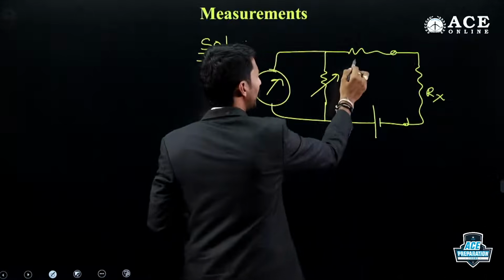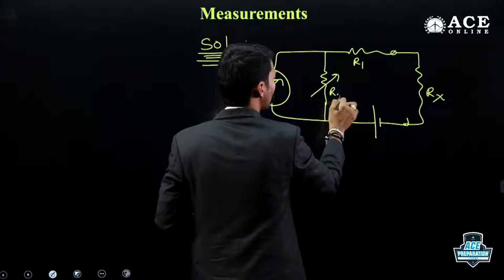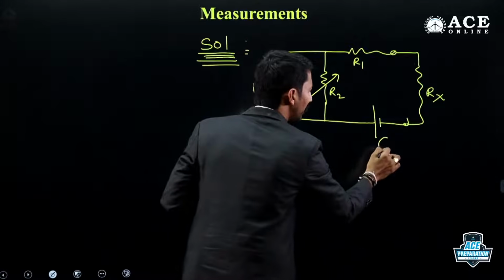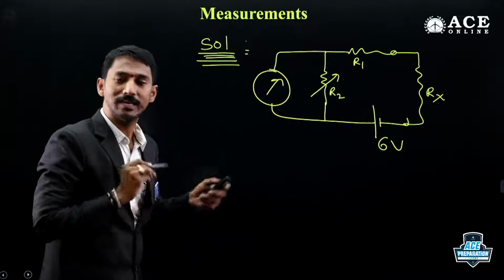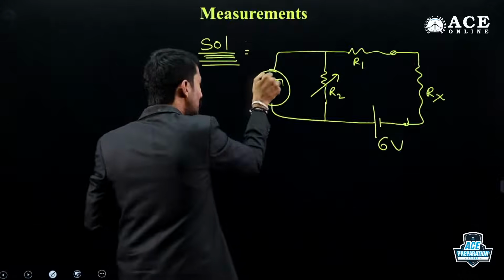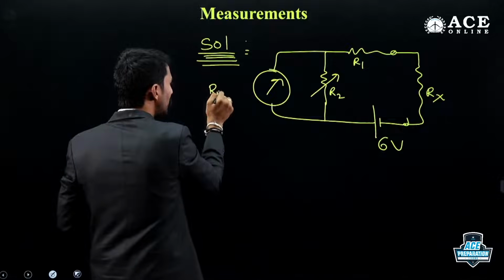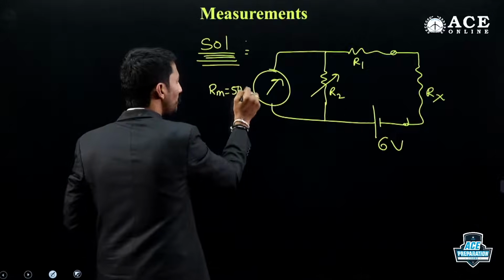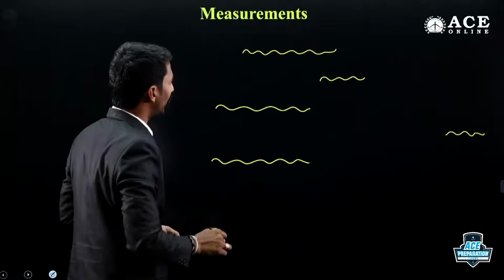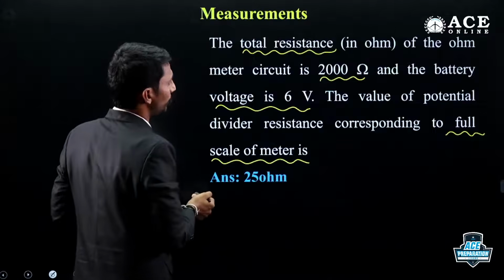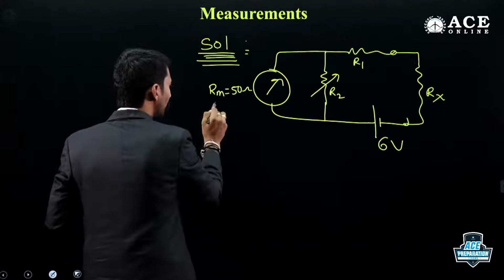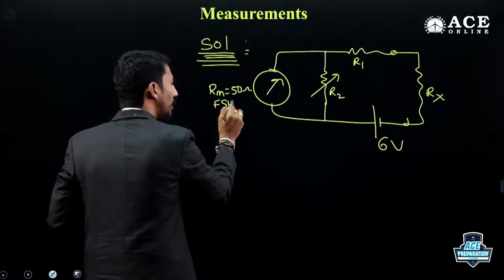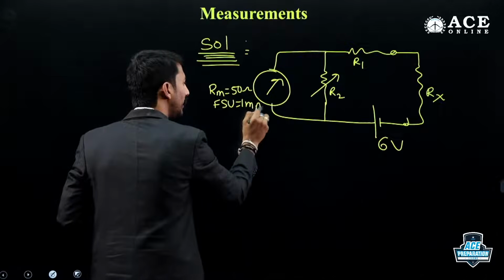Let me take this as R1, this as R2, and the battery voltage is given as 6 volt. The meter resistance is 50 ohm, and its full scale current is 1 milliampere.